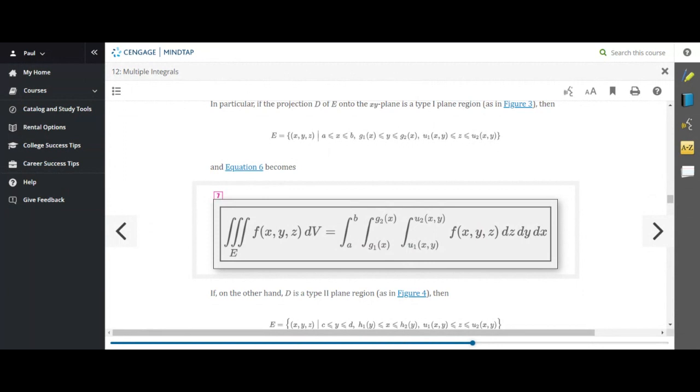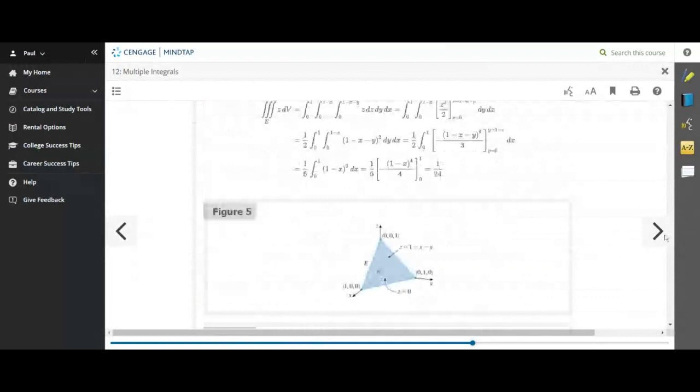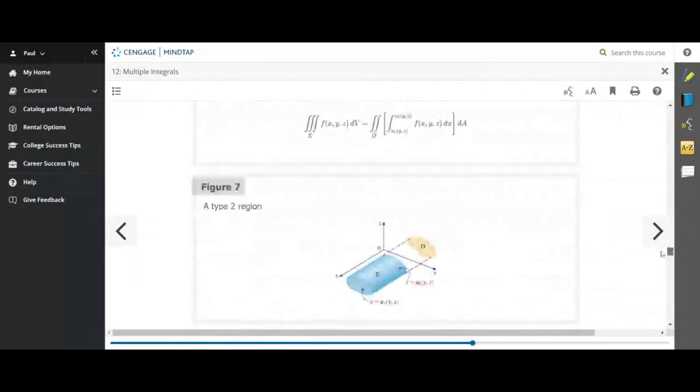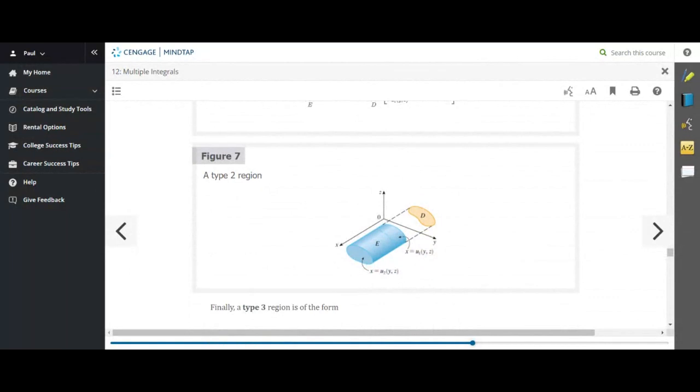Okay, I'll tell you what, let's look at another situation. And we sort of quickly went through this in the last class. Look at figure 7. I'm not going to worry about type 2, type 3 regions. I'm just going to look at the picture.